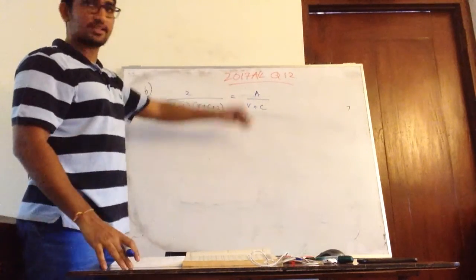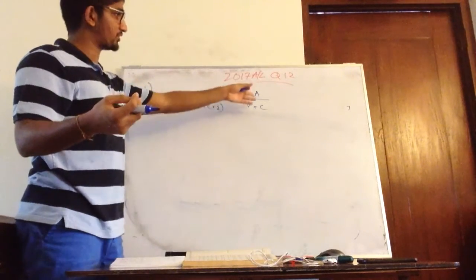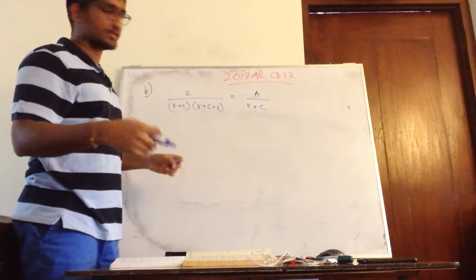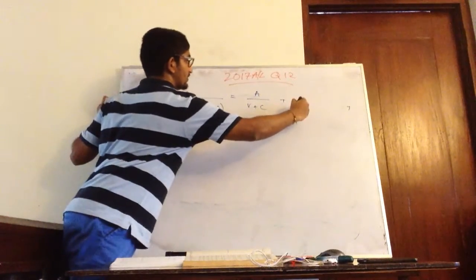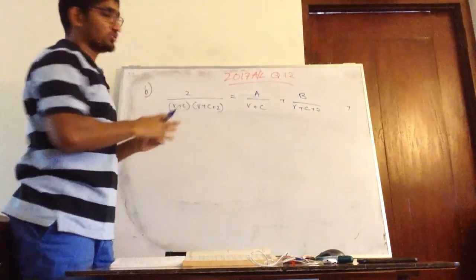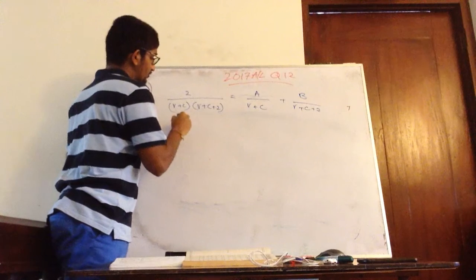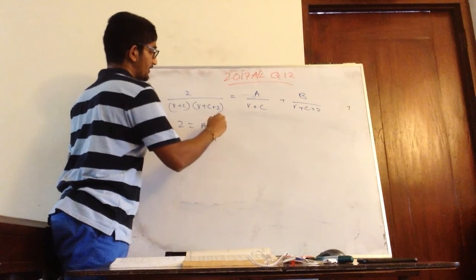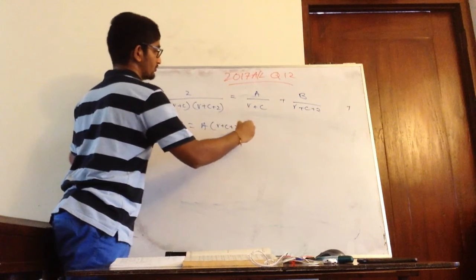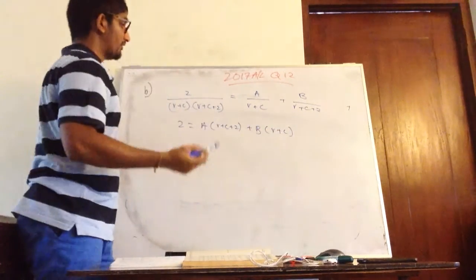So I know we can get the answer straight away, but because we have to prove this, we have to put a, b and find the answer. So let's find a and b. So 2 can be written as a(r + c + 2) plus b(r + c).